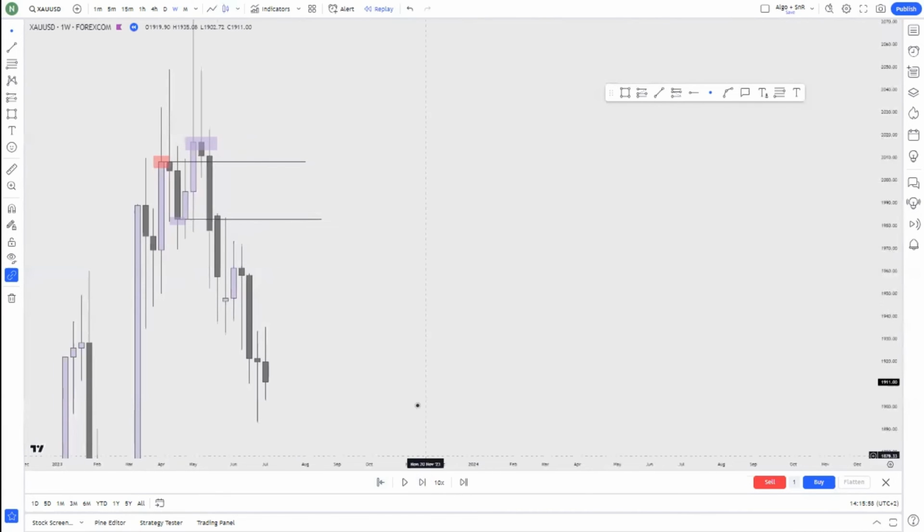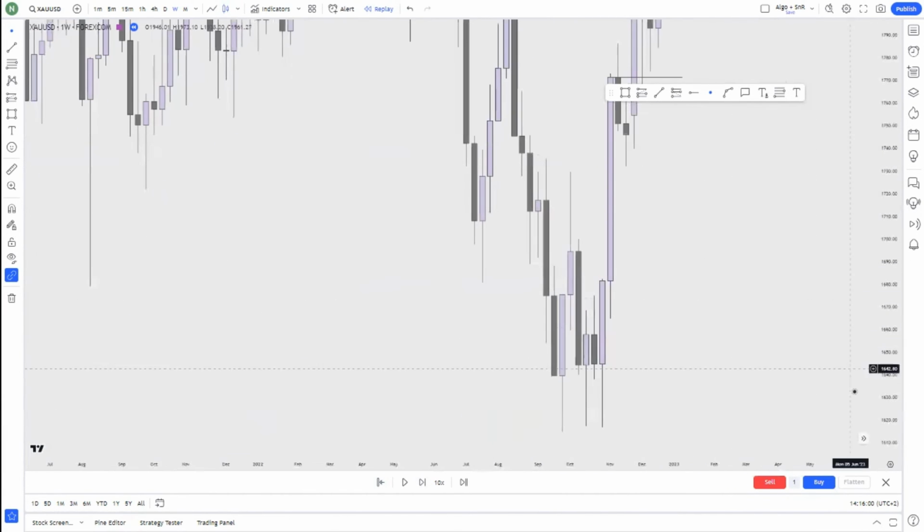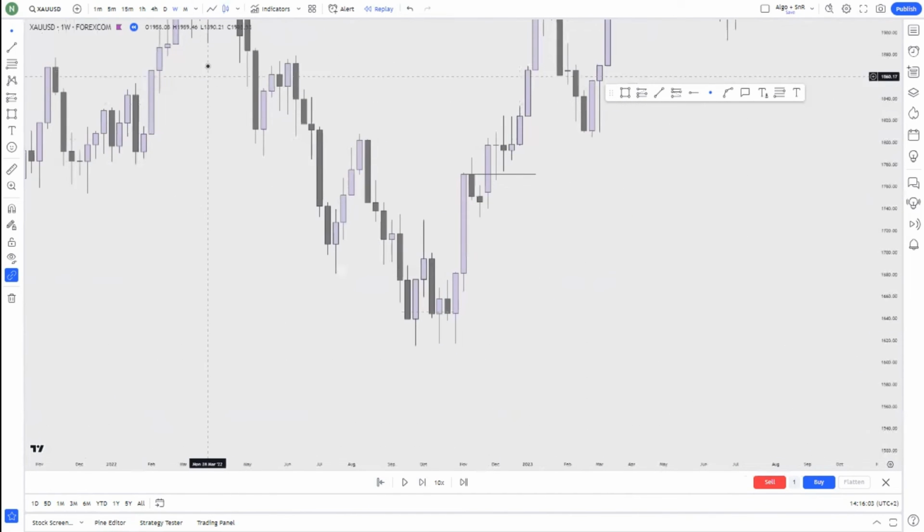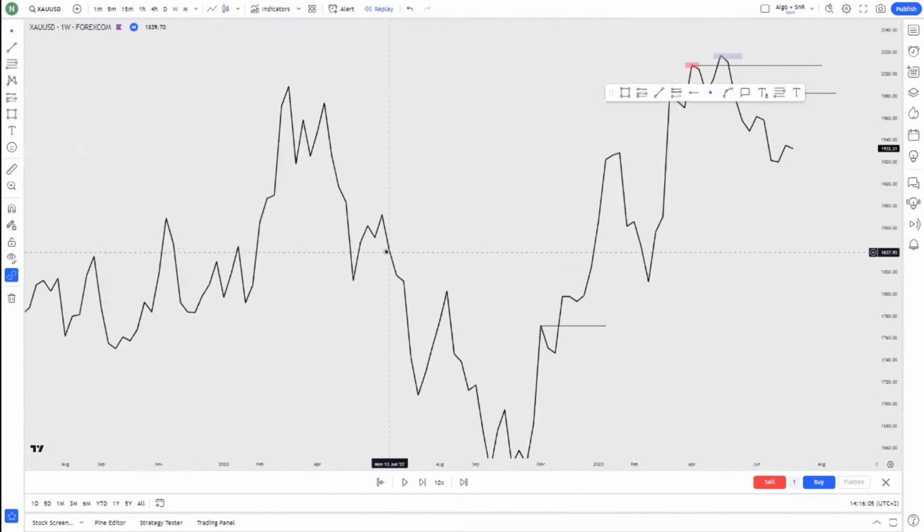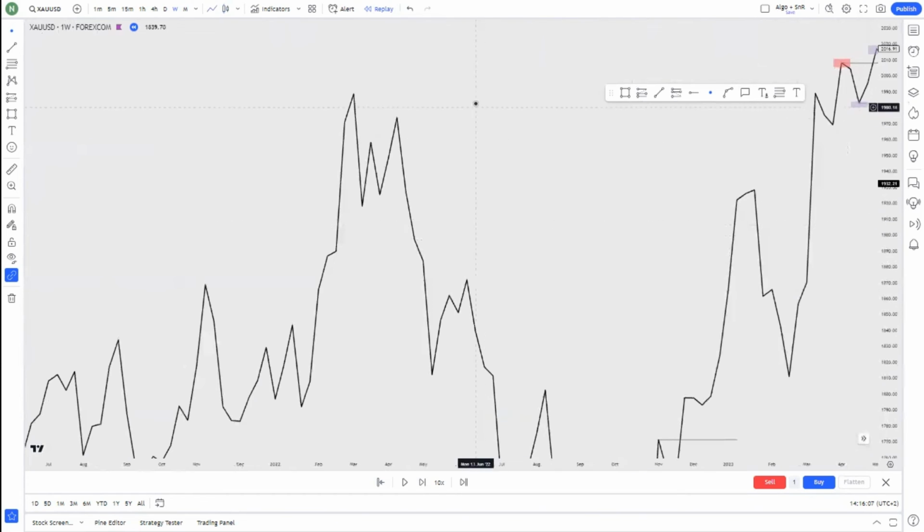So it's just very simple. I know that it's a bit confusing, but it's just very simple. So an A, I want to see something like this. An A, a V, it failed to give us a break and retest right here.